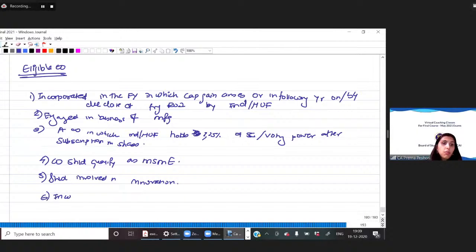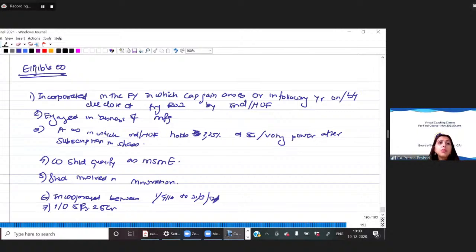Should be incorporated between 1/4/16 to 31st March 21. It also should have turnover less than or equal to rupees 25 crore. Clear?